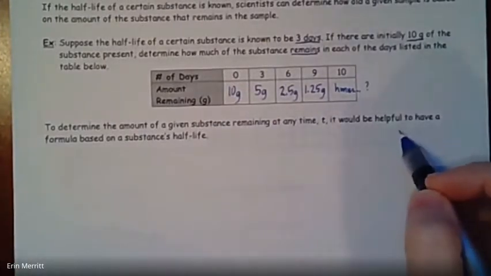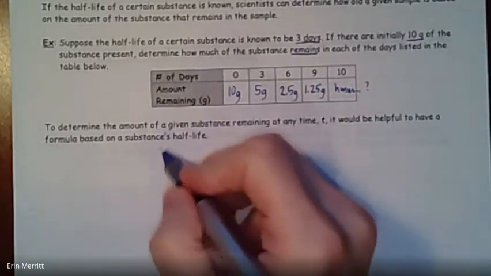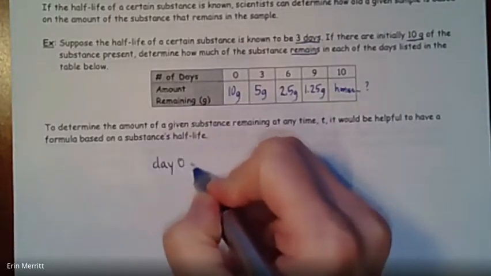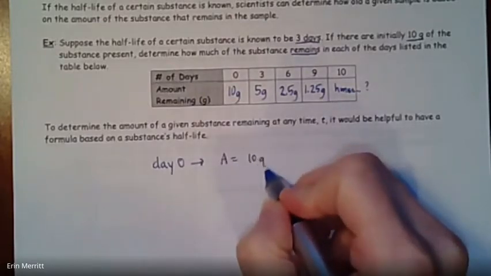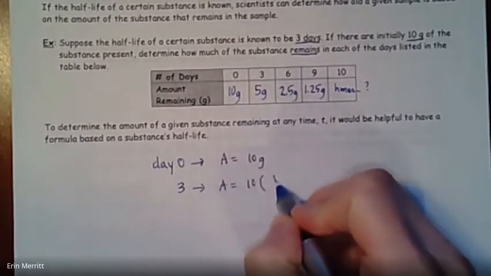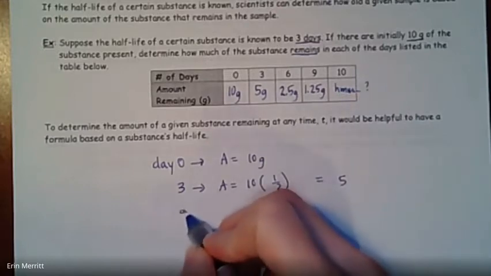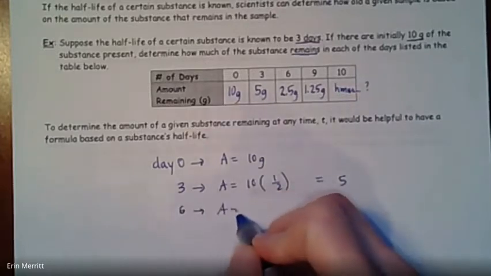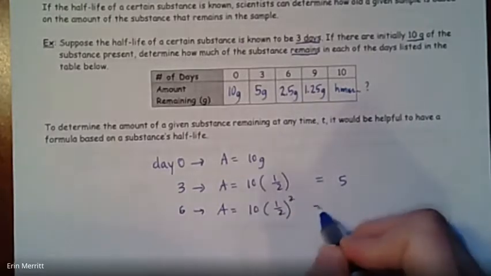All right, well, if we think about what was going on back here, at day 0, the amount that you had was just the 10 grams. At day 3, you took that and multiplied it by a half, and it came out to be 5. At day 6, we multiplied it by a half twice, or 1/2 squared.